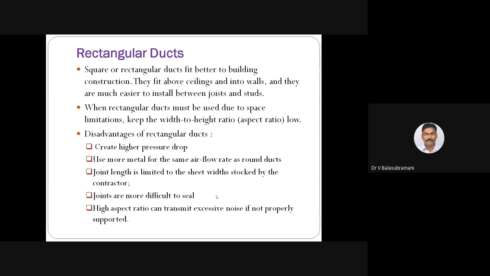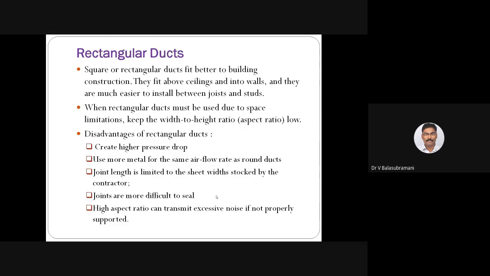In a rectangular duct, square or rectangular, both come under one category: rectangular duct. These ducts fit better to the building construction. So nowadays most of the engineers prefer them because of the fitting. The cost is very high, other things are okay, but the cost is very high. We prefer rectangular ducts because they are a good fit to the construction.